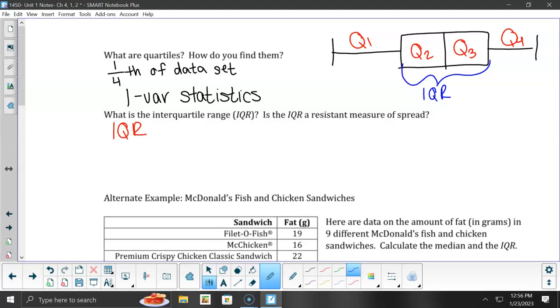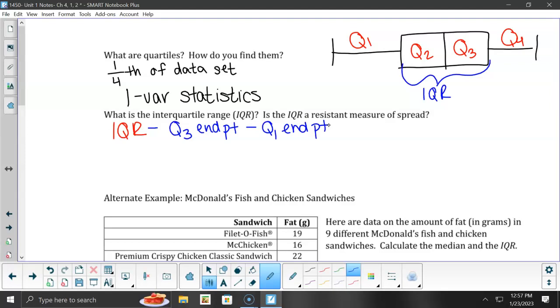I'm almost done, I promise. IQR is found by taking quartile 3's end point minus quartile 1's end point, which is really just the start of quartile 2. It's the front of the box minus the back of the box. That's it.